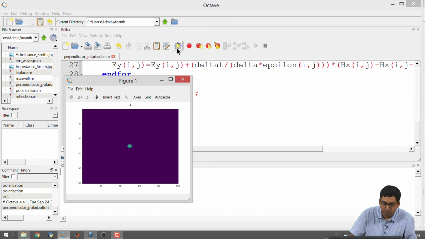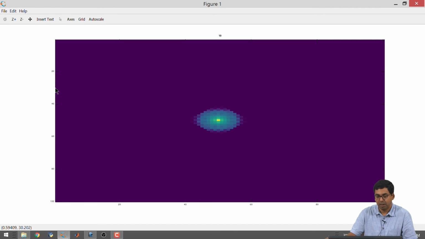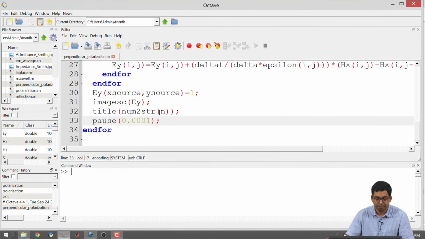Now, I see that I have a point source at the center. Even though our grid is supposed to be a square region, because the monitor has space in a rectangular manner, it's plotting as a rectangle. So, we'll fix that, right.